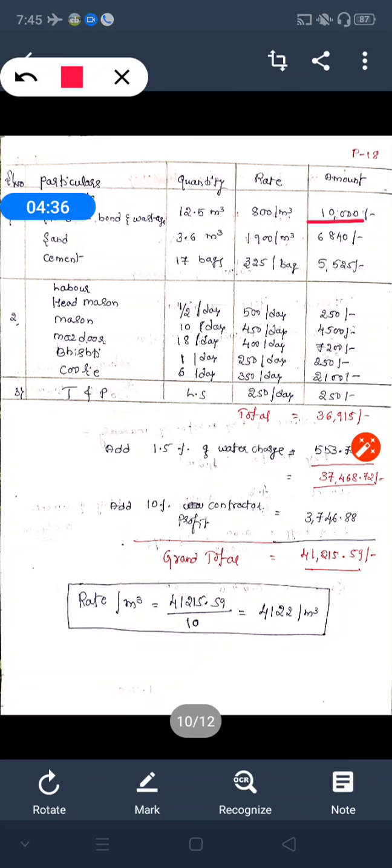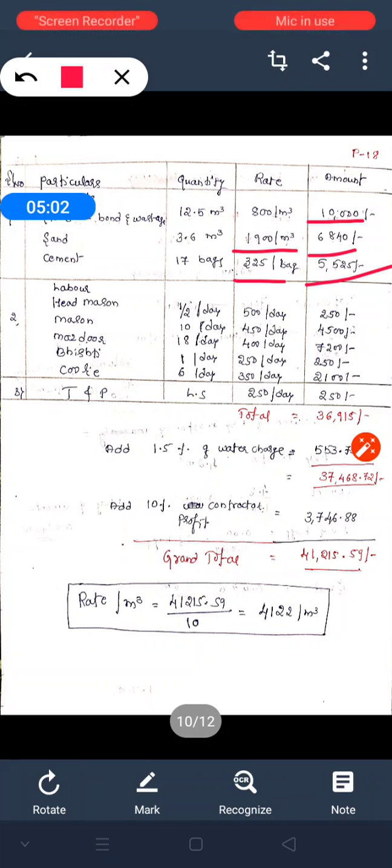Similarly, for the sand the rate per meter cube is around 1900 rupees. Then 3.6 into 1900 gives 6840. Similarly for the cement, we took the average rate of 325 per bag, then 17 into 325 gives a total amount of 5525. This is all about the materials.